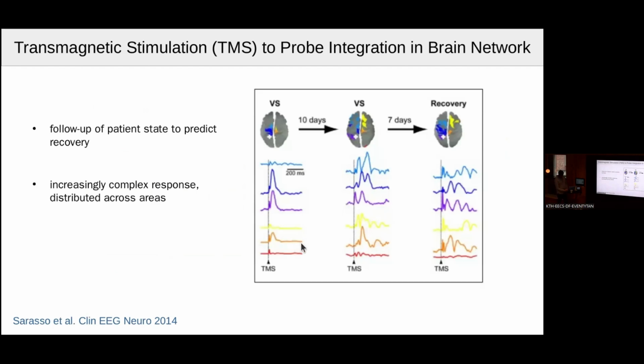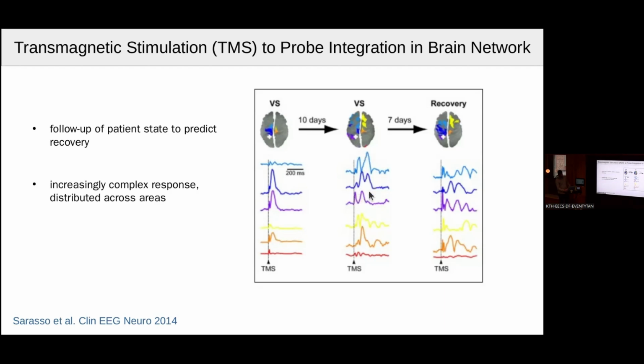And actually, this kind of method has been extended to monitor the conscious state of the patient. You can apply TMS, for example, transcranial magnetic stimulation, to some areas of the brain, and see how this stimulation propagates in the network. So here you've got different areas, and you can measure the complexity of the signal. You can see here that people in the vegetative state, so deep coma, have hardly any response, just locally, and not in the rest of the network.